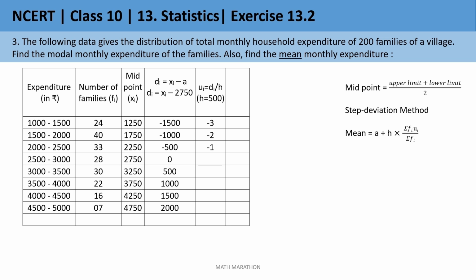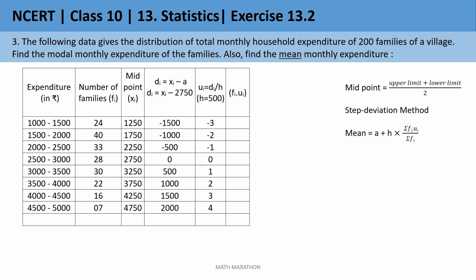Minus 500 divided by 500 is minus 1. 0 divided by 500 is 0. 500 divided by 500 is 1. 1000 divided by 500 is 2. 1500 divided by 500 is 3. 2000 divided by 500 is 4.